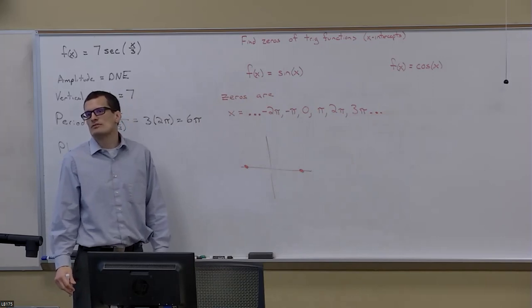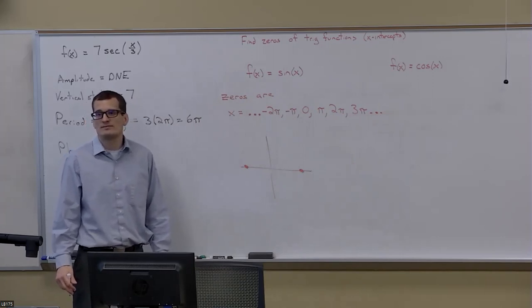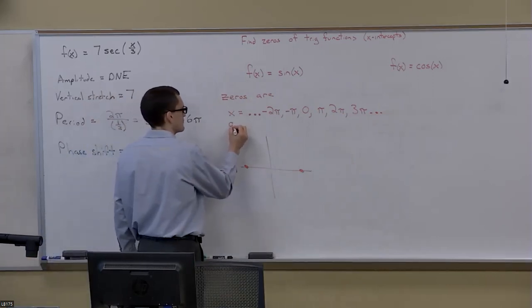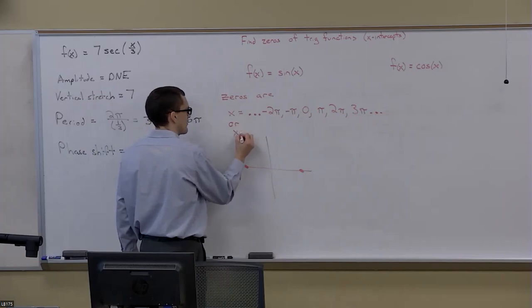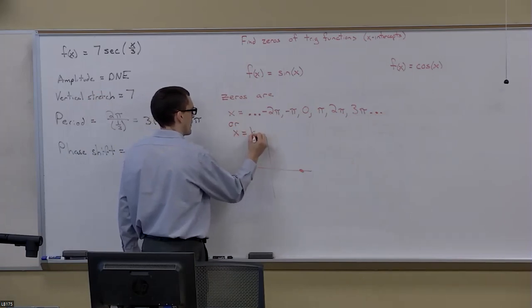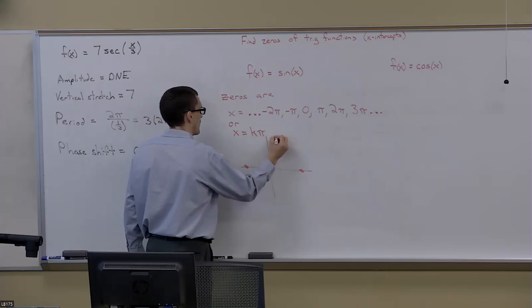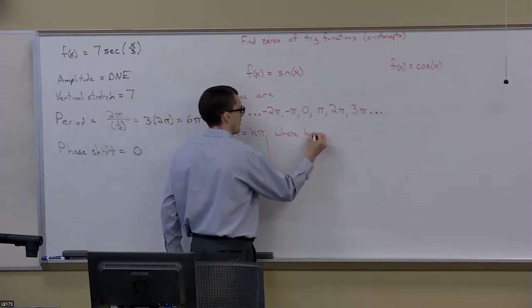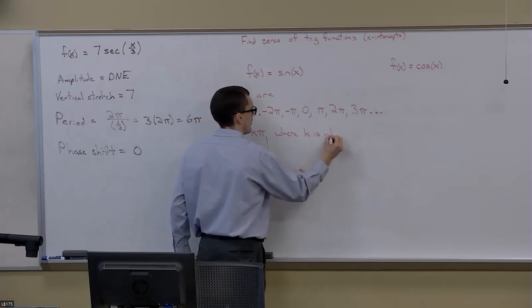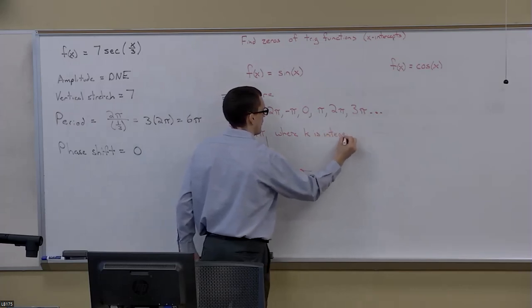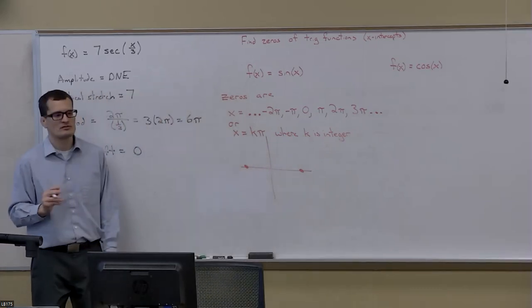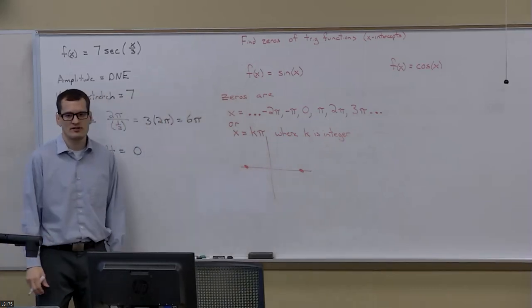So the zeros for sine of x are just when we have an integer times pi. It's k times pi whenever k is an integer.